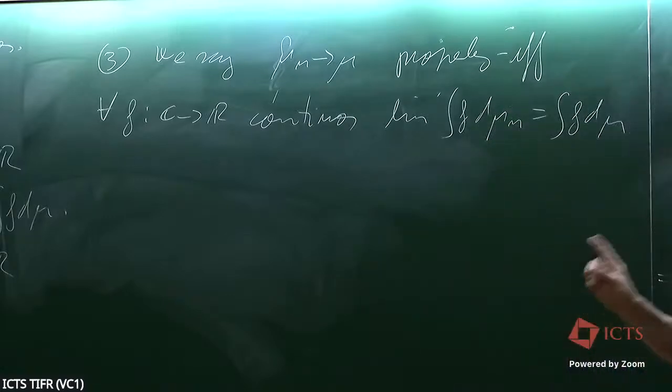So we will say that we have proper convergence if we have convergence for every continuous function. Okay, so we have 3 different notions of convergence. And since C is not compact, they are different. If I were working in a compact space, they would be the same.